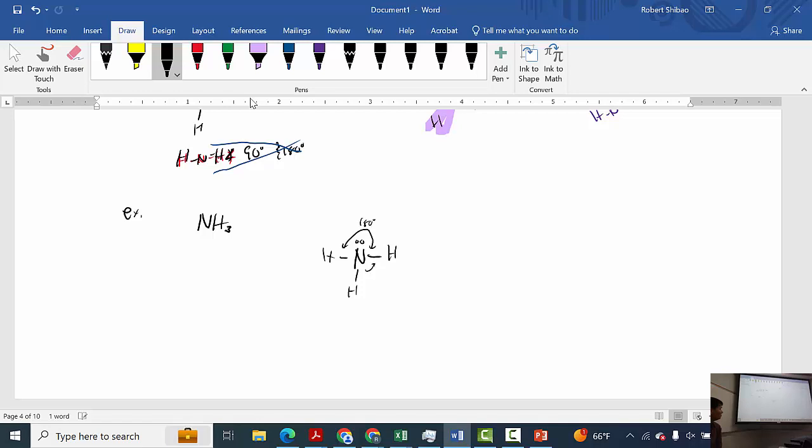It's still 109. Yes, 109 is correct. It does look like it's 90 and 180, doesn't it? It looks like this is a 180 and then this looks like a 90. But that would be incorrect, because a Lewis structure need not show the correct angles.